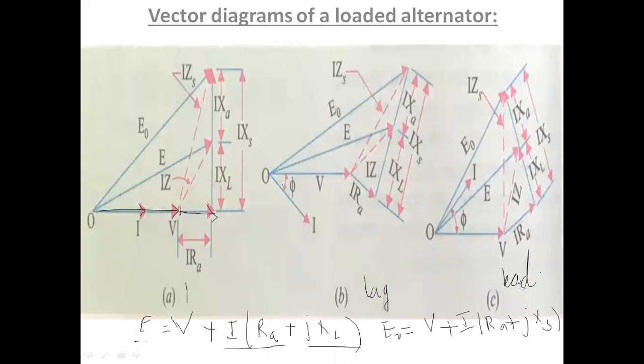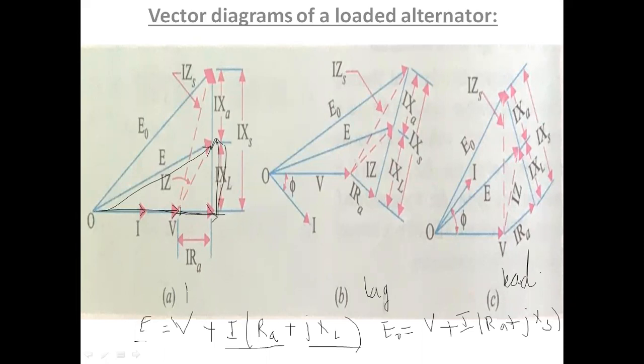Perpendicular means 90 degrees, so I have to add this vector at 90 degrees. From the end of IRA, I have to start the IXL vector and draw it like this. So this is the IXL vector. If you add these three, V plus IRA plus IXL, what do you get? You will get E.